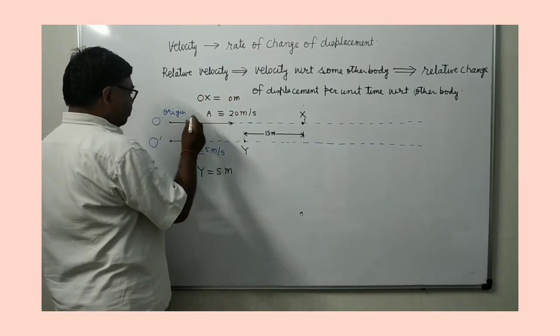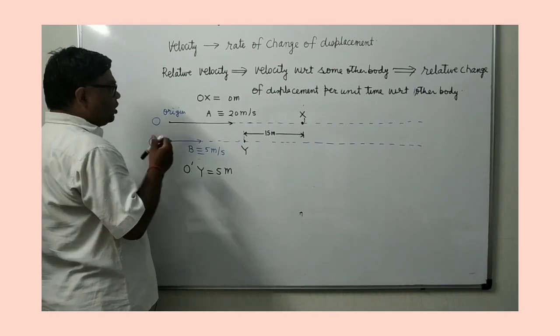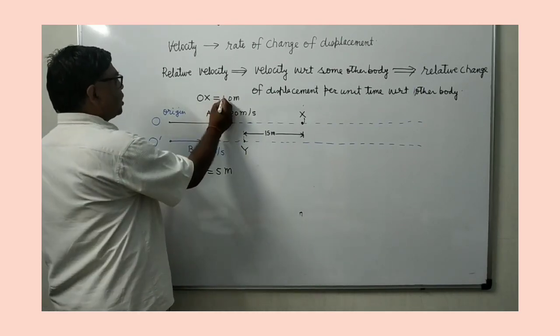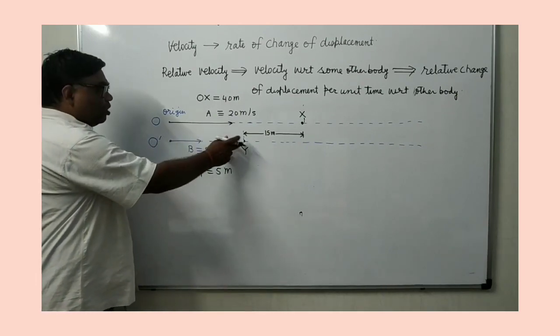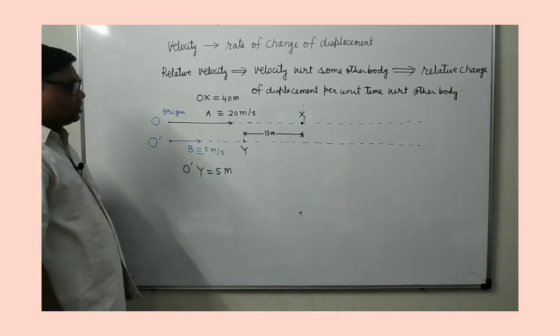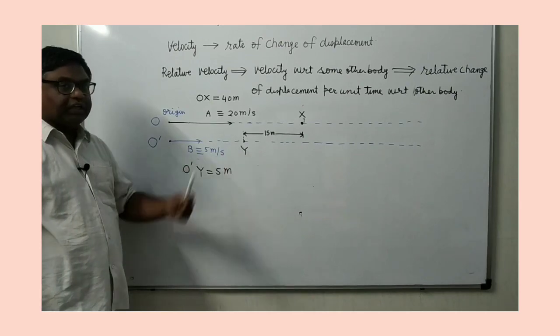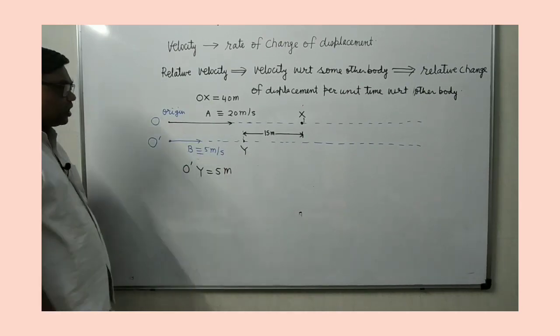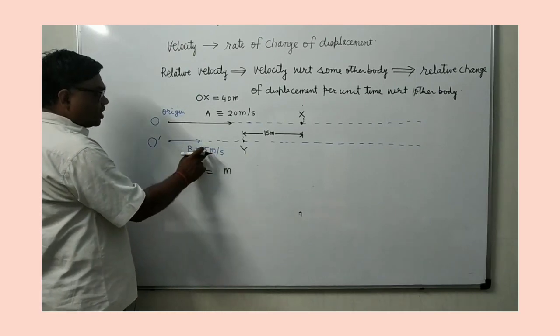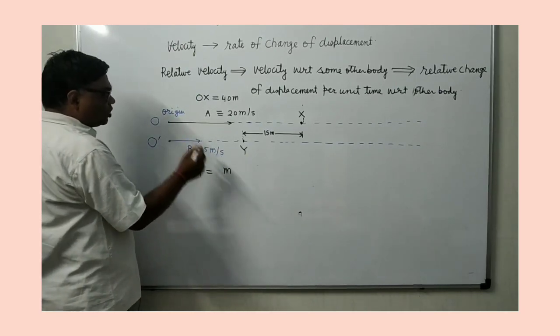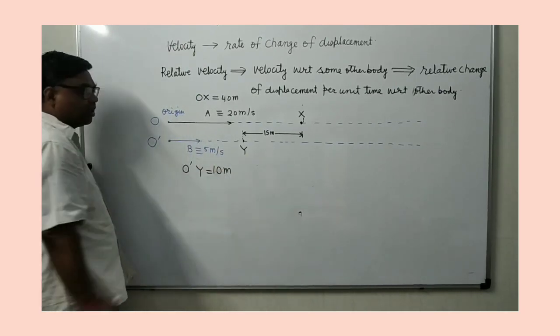This distance will be equal to 40 meter, because in 2 seconds it will cover 40 meter. Now B will cover how much distance? Suppose it has reached from O dash to Y in 2 seconds. So O dash Y will be equal to, in 1 second it covers 5 meter, so in 2 seconds it will cover 10 meter.